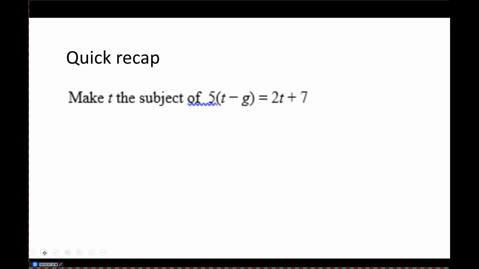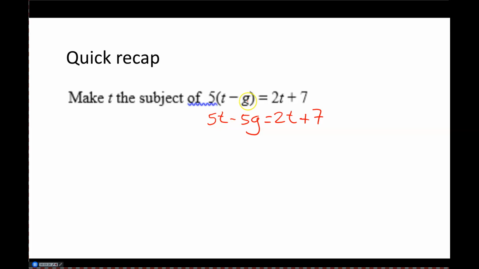Okay, hopefully you're back with us. We want to make t the subject of the formula. This was lifted straight off an exam paper. So let's expand the brackets: 2t plus 7. We're trying to make t the subject, and this is quite a straightforward one. We need t's on one side and everything else on the other.